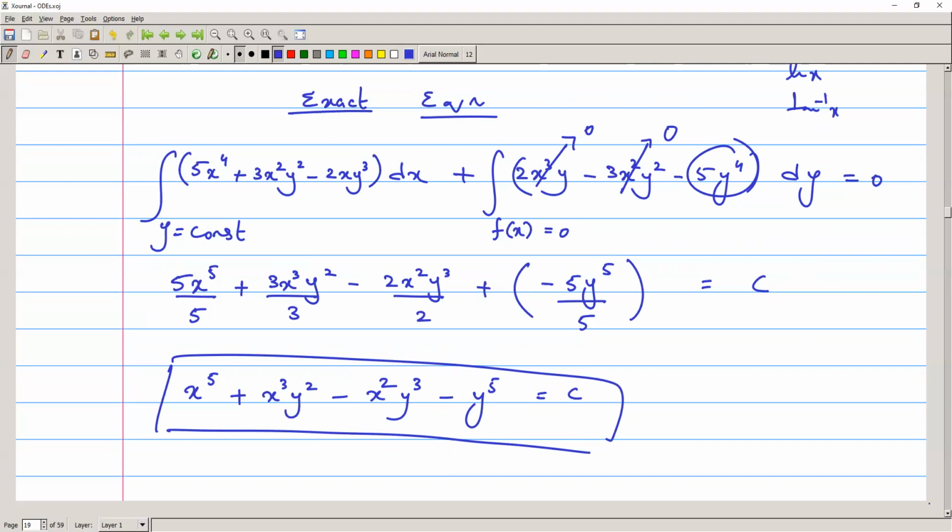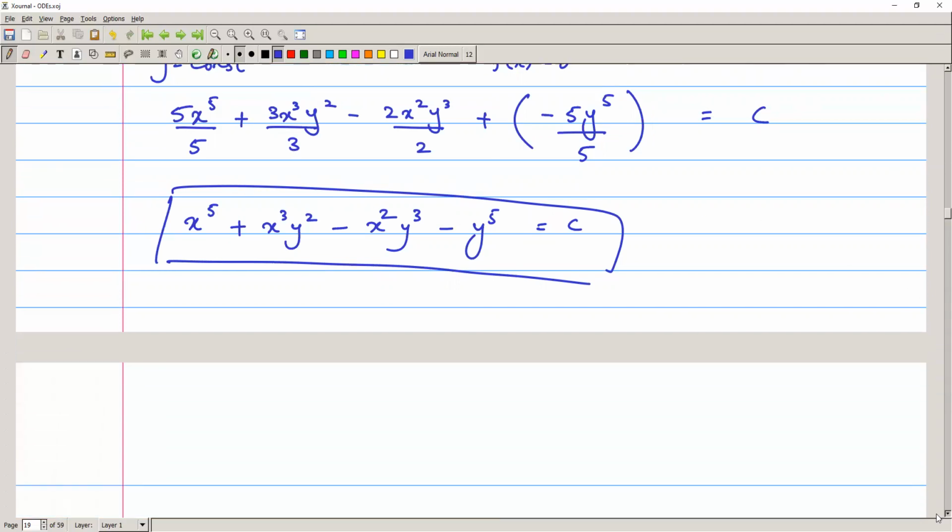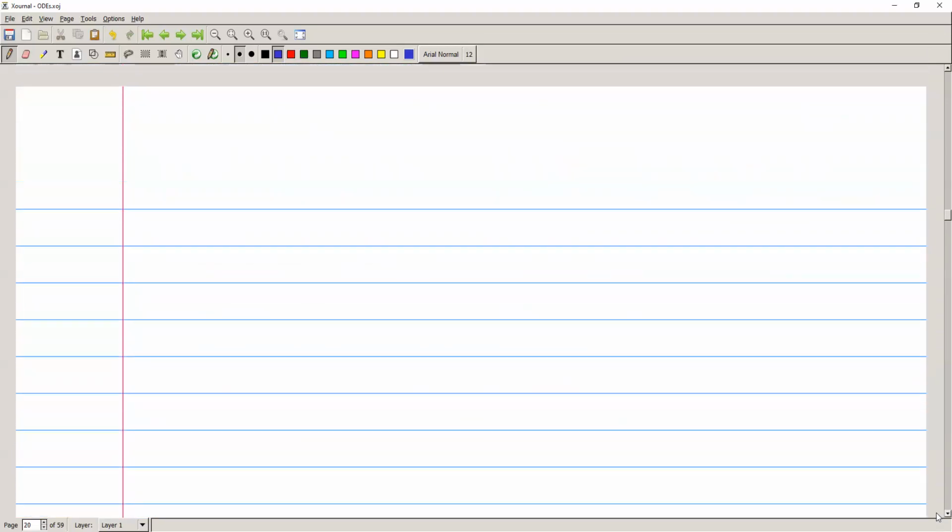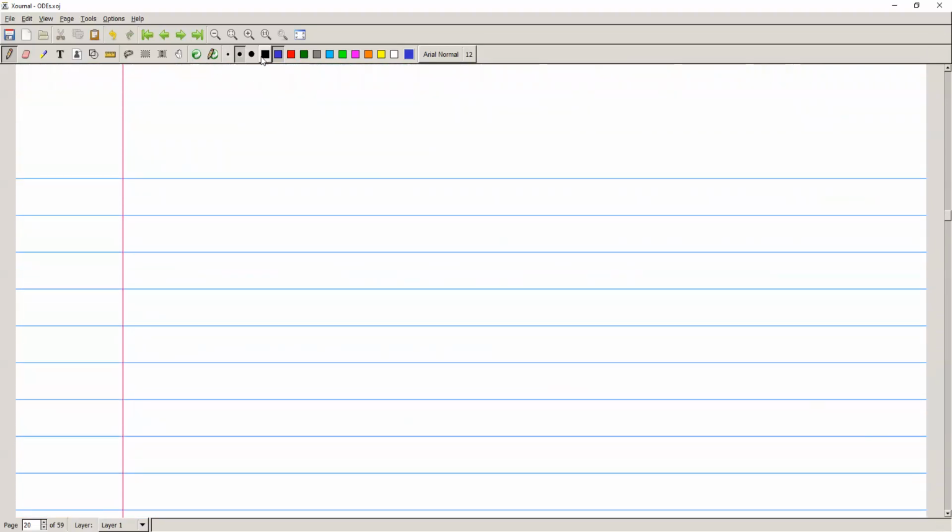Now let's take one more example for the exact differential equation. The first thing is to check the exactness of any given equation.